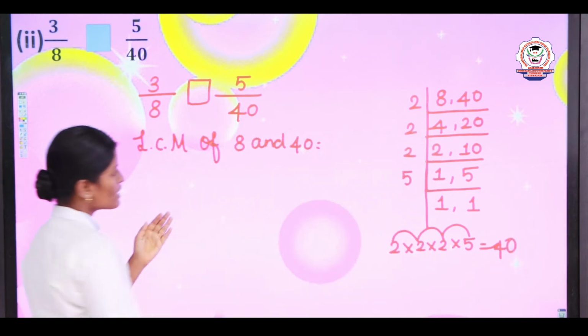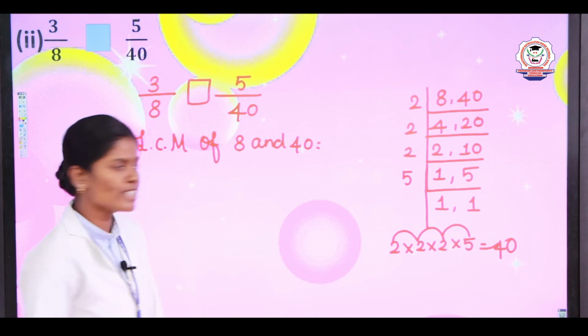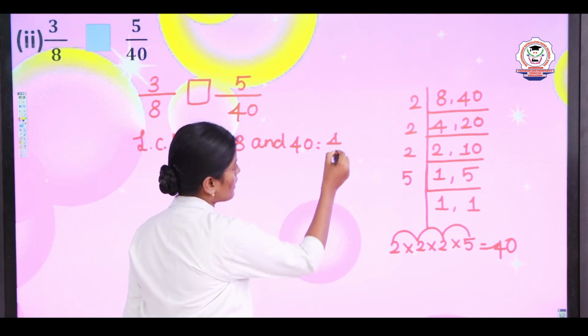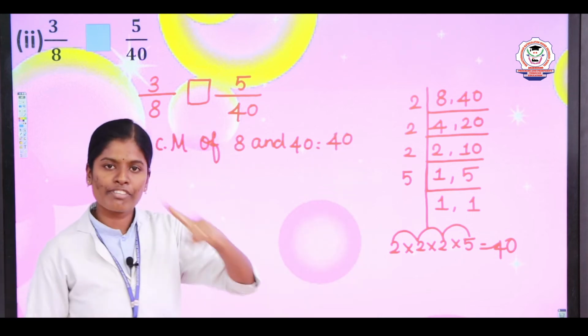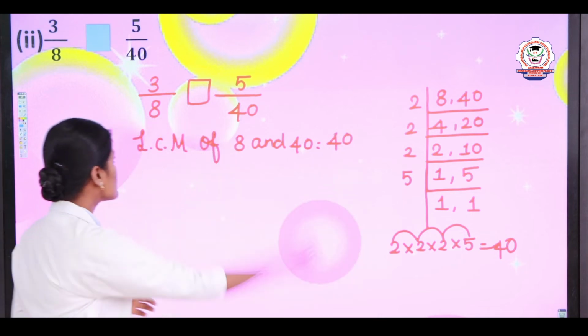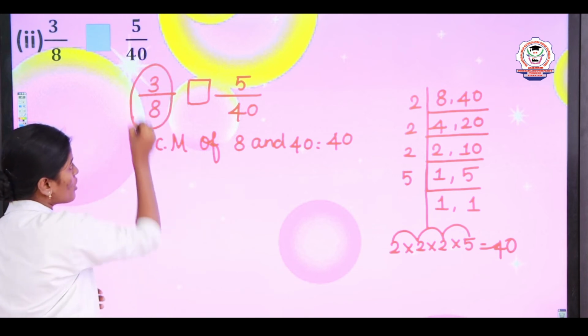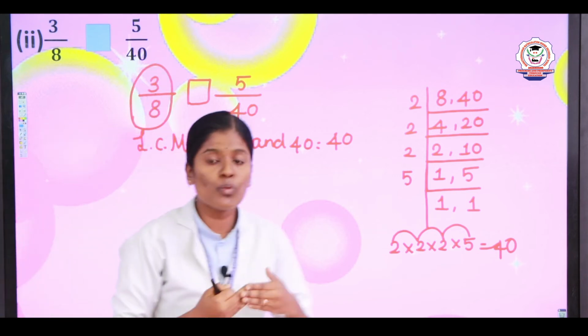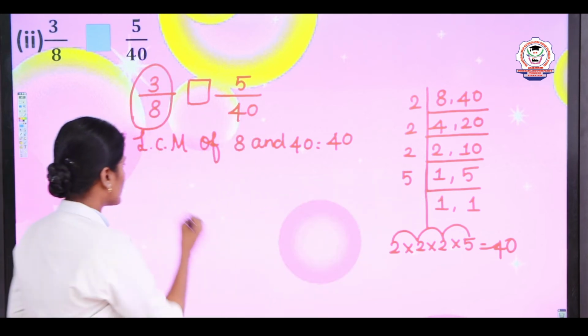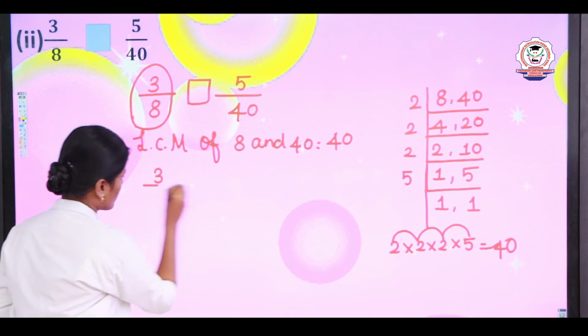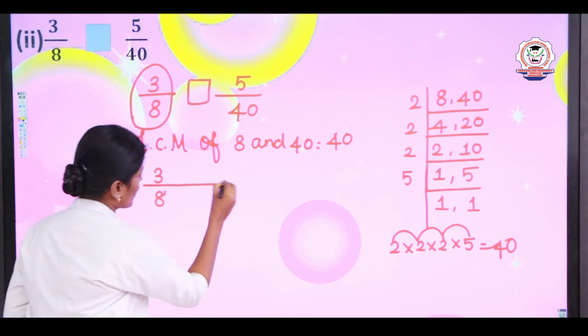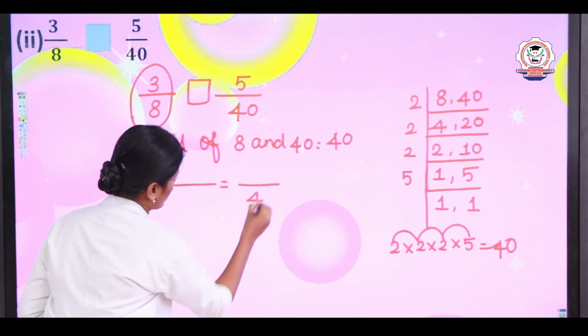Here you will write the LCM of 8 and 40 is 40. Take the first fraction. We have the first fraction 3 by 8. So here you should change the denominator value to 40.